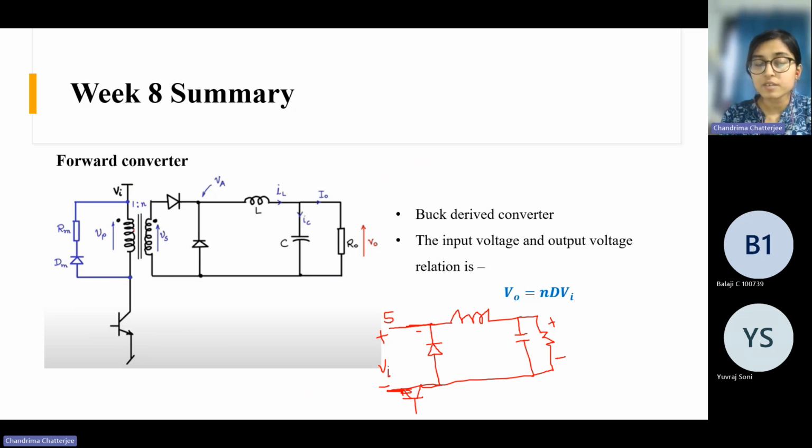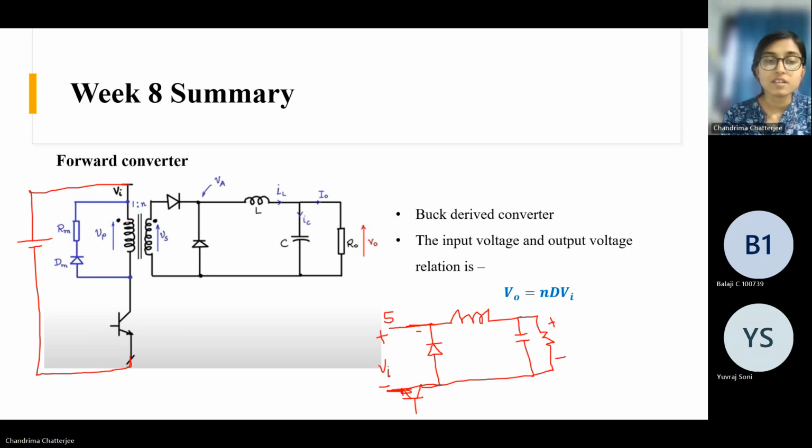This supply VI, then there is this transformer, and the switch is there. Basically, there will be one DC supply, and this supply is connected like this to the switch. And then in this part, the circuit is similar to a buck converter, right?